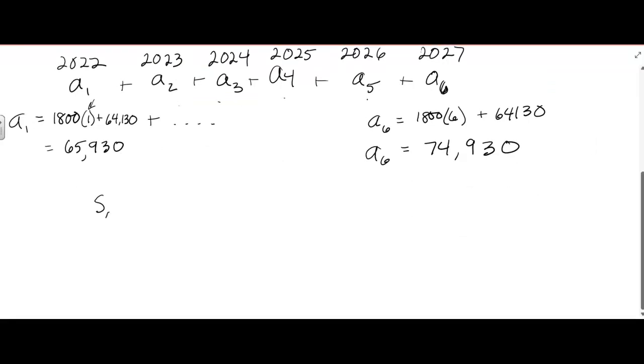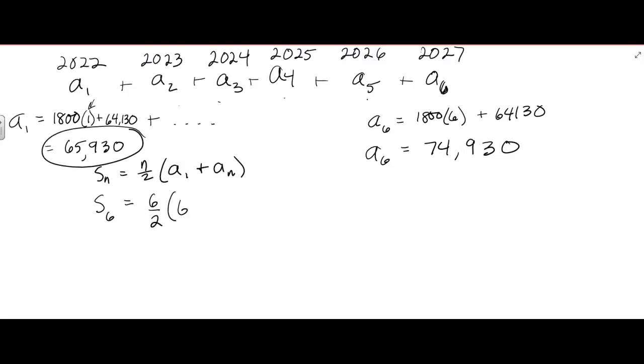Okay, so now we want to do the total. We want to know the sum of the first 6 terms for these 6 years that grandma's living at the residential community. Let me put the formula up again. It's new for us, but it's a pretty nice formula. So n is 6. The first term we figured out, 65,930, plus the last term, 74,930, and then we're going to multiply that by 3.